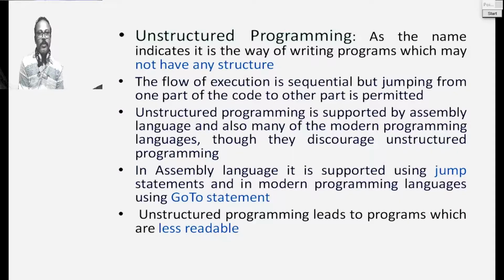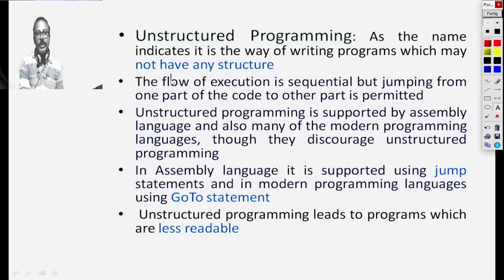Next, when the so-called high-level programming languages were introduced, it started with what is called unstructured programming. That means they don't have any structure, in the sense that the flow of execution may not be sequential.